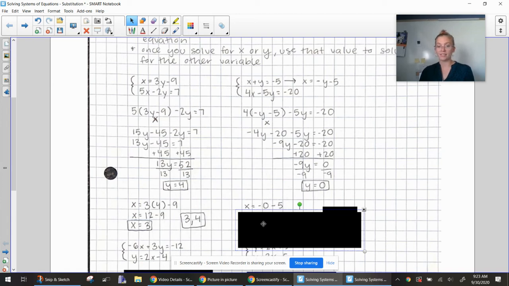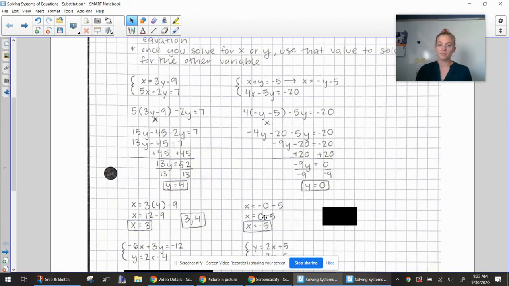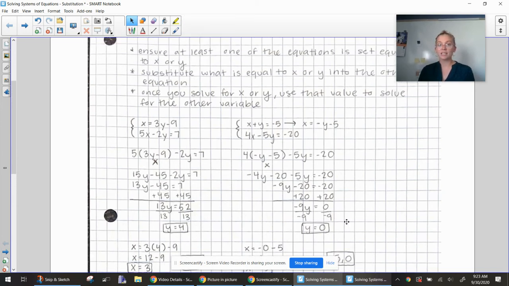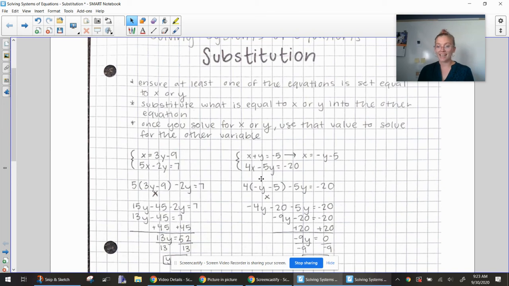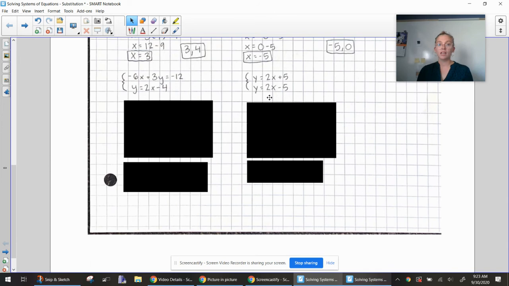Well, negative 0 is 0, minus 5 is negative 5. So my final solution to this entire example is negative 5, 0. That is the coordinate that both of these equations have in common. That is the solution. Let's look at two final examples.